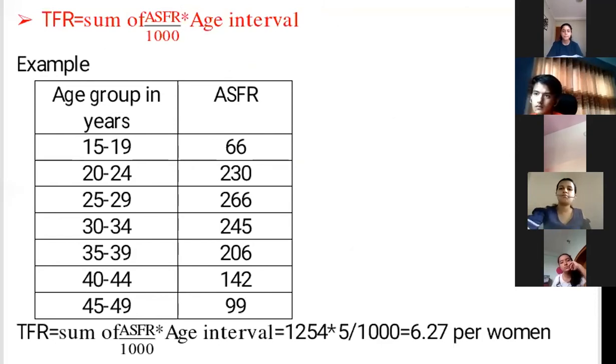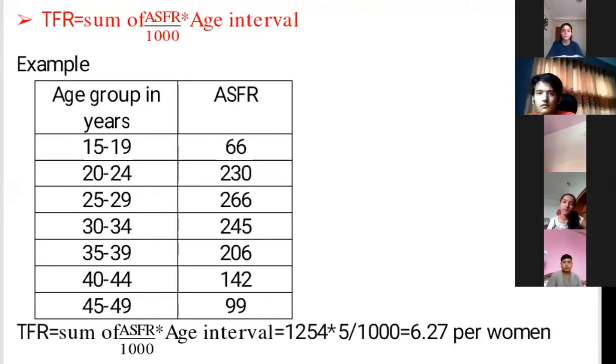This formula, once again I want to repeat: the summation of ASFR multiplied by age interval, divided by 1000. And what is the meaning of age interval? In the example, I will clarify.